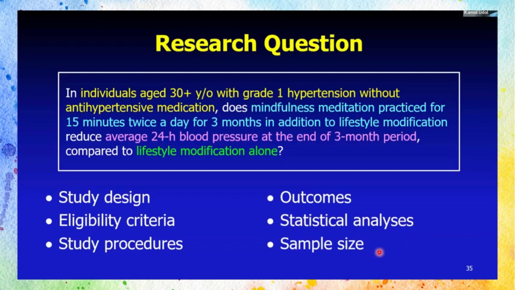You have to pick the right one. You can pick the right one if you know how you are going to analyze your data. If you know that, you will pick the right sample size calculation procedure or formula. So all these aspects are dictated by this specific research question.